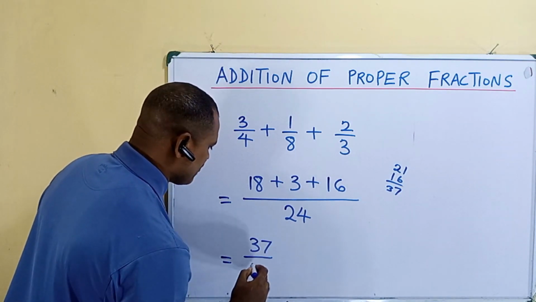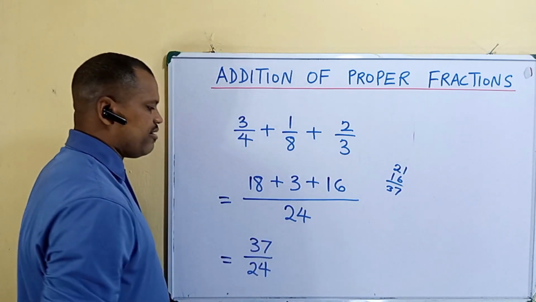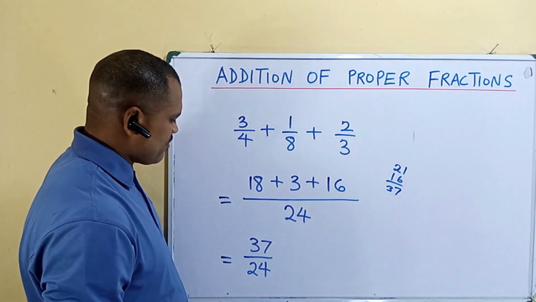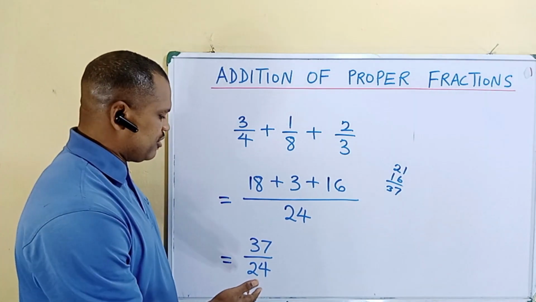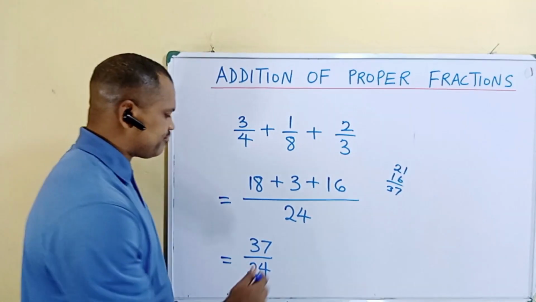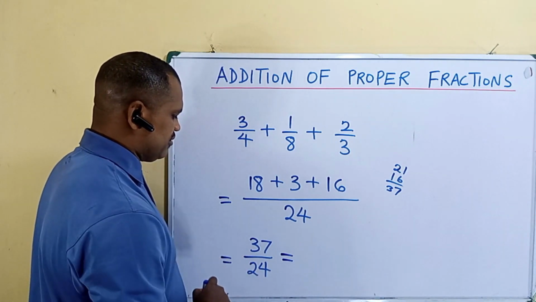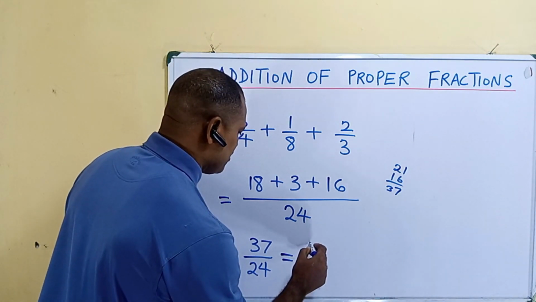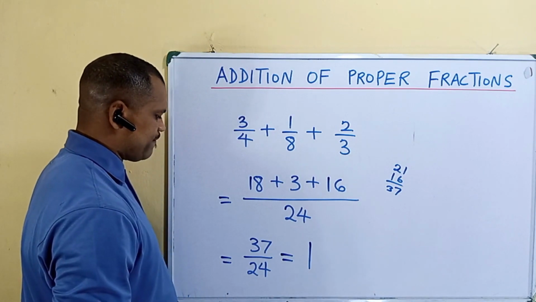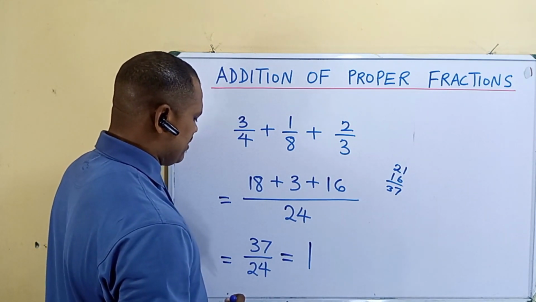37 over 24. This is an improper fraction. You can't leave it like this. So you divide. 24 into 37 is once. And what's the remainder?